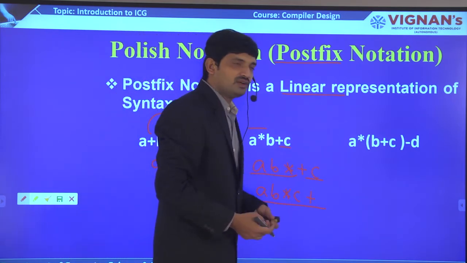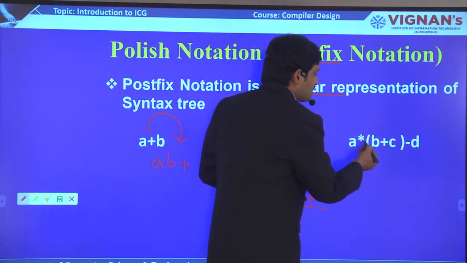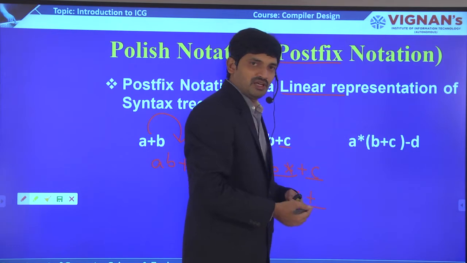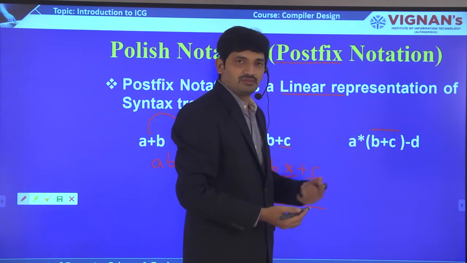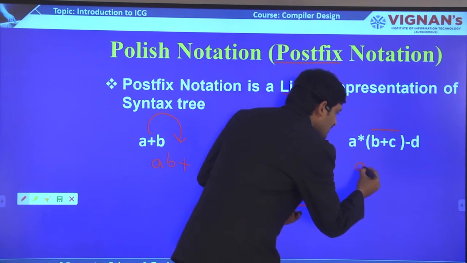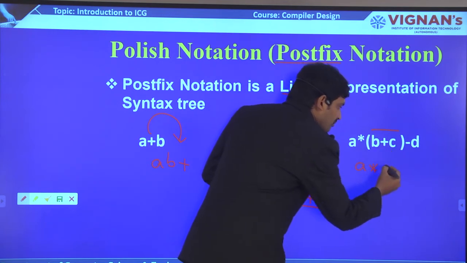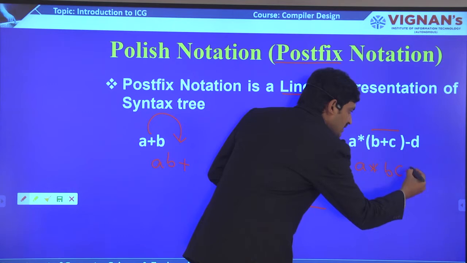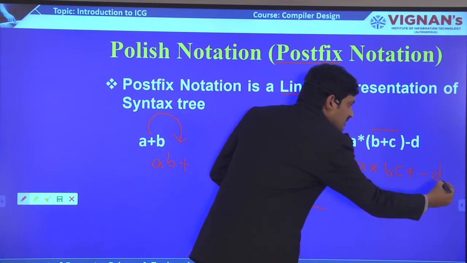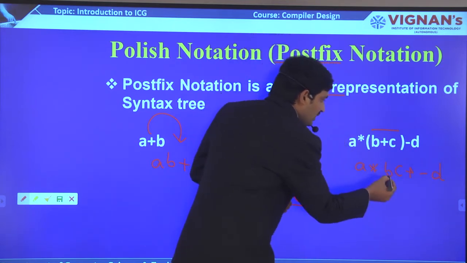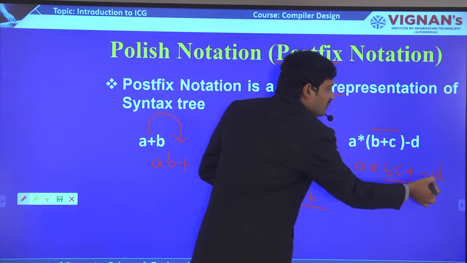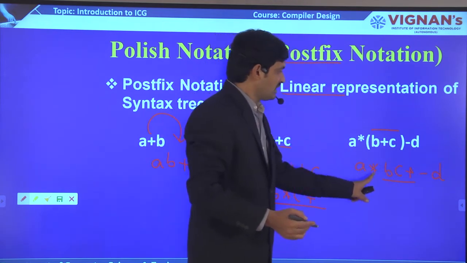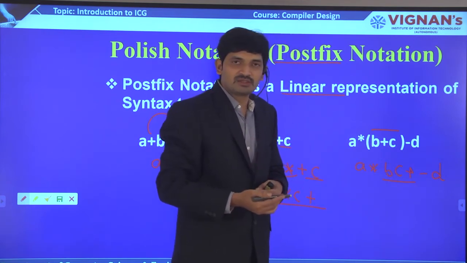Now come to here, you can see a star b plus c minus d, but I have to solve this b plus c first. Why? Because it is within the brackets. So a star b c plus minus d. So I solve this one and I have to solve a star and minus d. So among star and minus, which one is the highest precedence?